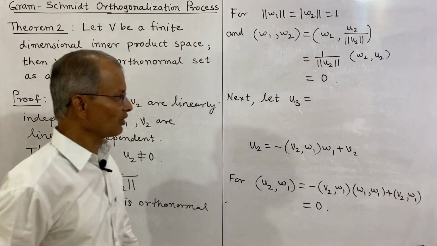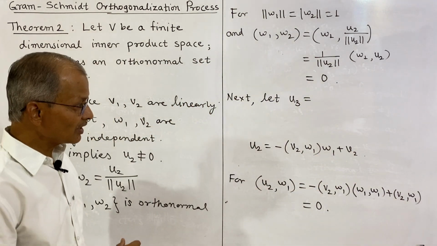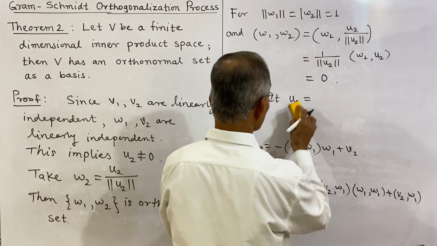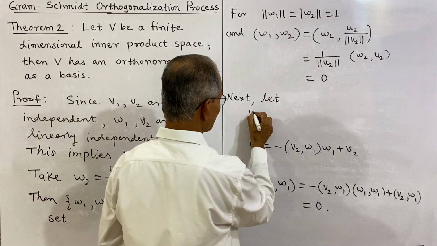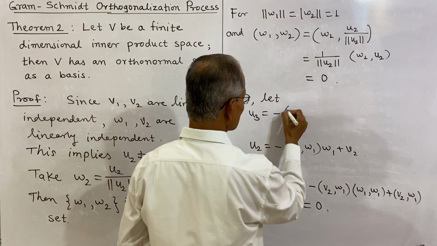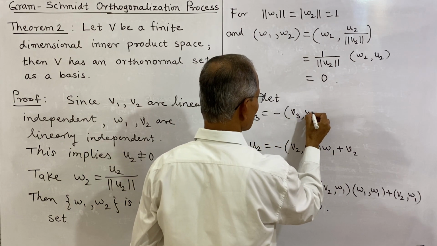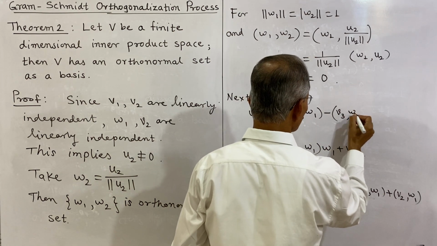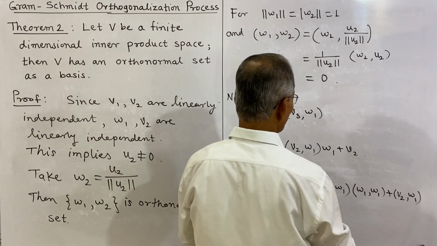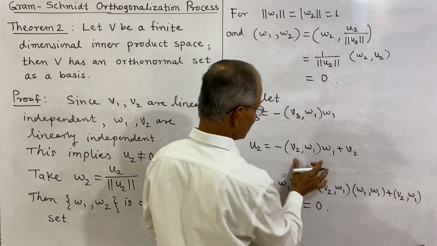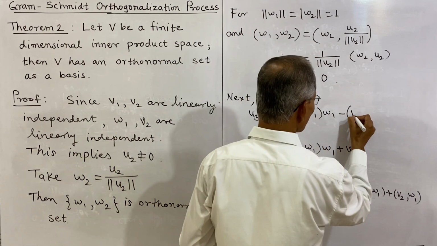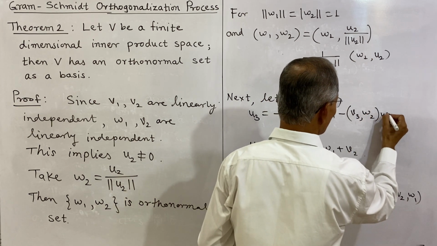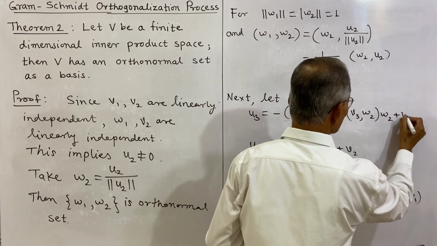This is the expression for U2. Likewise, extending this, we shall consider U3 as U3 is equal to minus inner product of V3 with W1 multiplied by W1, minus inner product of V3 with W2 multiplied by W2, plus V3.